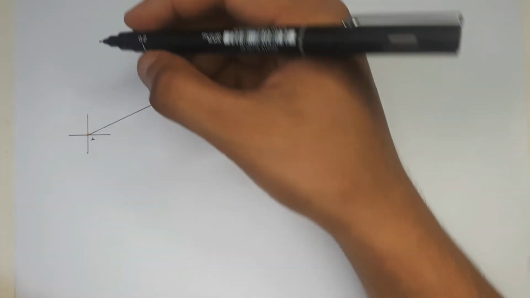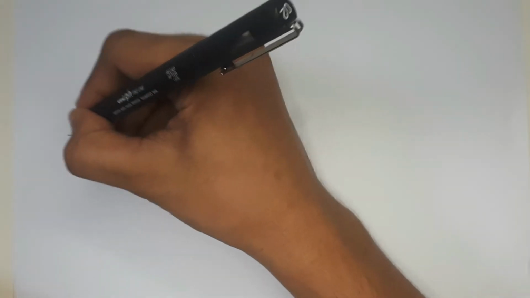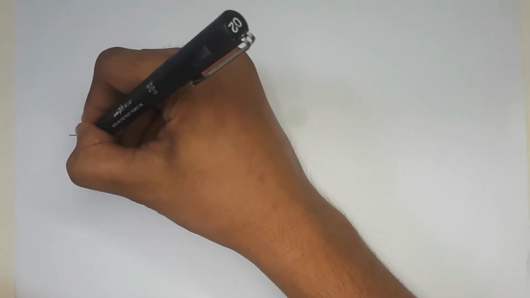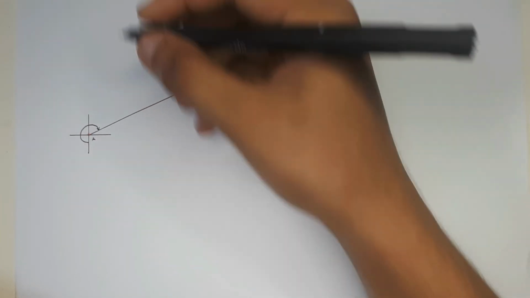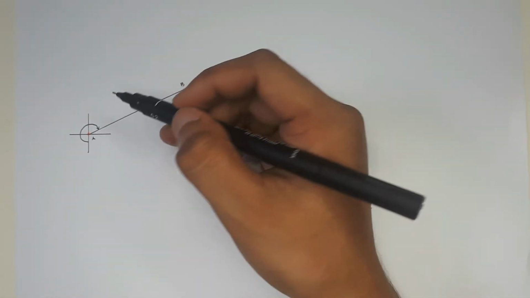So the forward bearing for line AB will be from the south branch of the meridian to the line. So this will be our forward bearing.